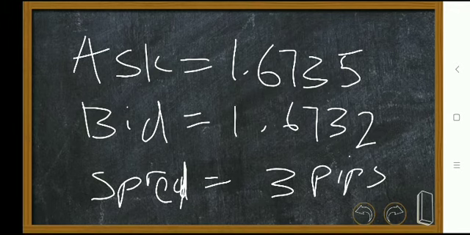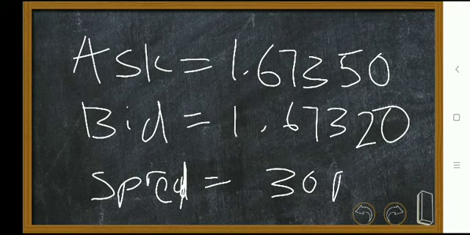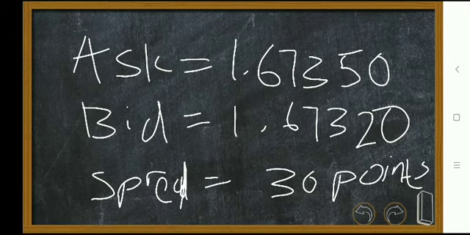If it happens that you find your prices in points, that means your spread will be 30 points. It's no longer 3 pips. And remember, 3 pips is equivalent to 30 points. So it's one and the same thing, just that now the price is in points. It's no longer in pips.